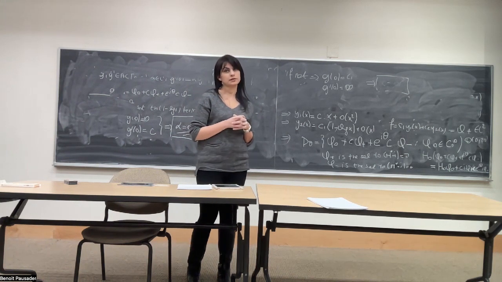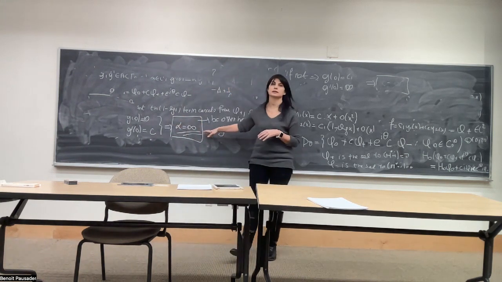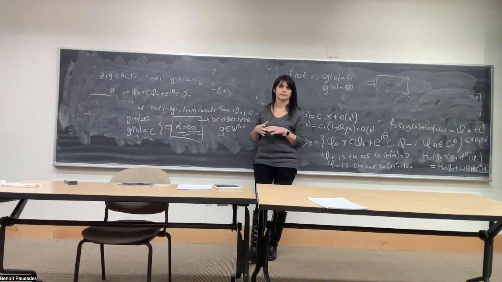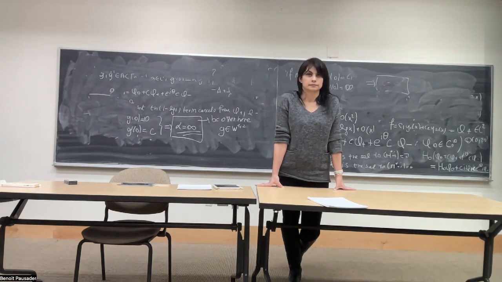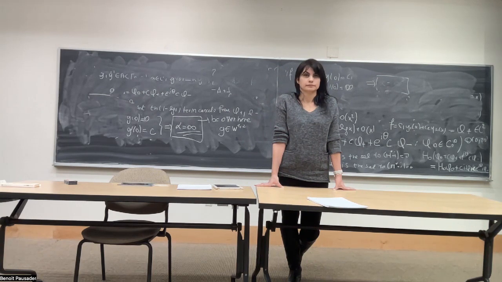And why is that? Because you have to take the closure: you start from functions that are compactly supported and vanish near 0, take the closure in the form norm, and you get H1 zero, so you get 0 at 0.